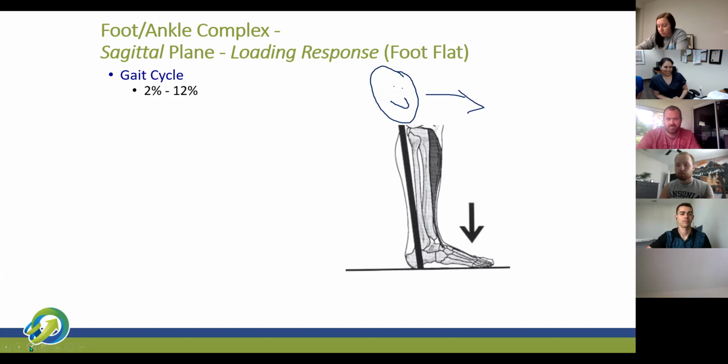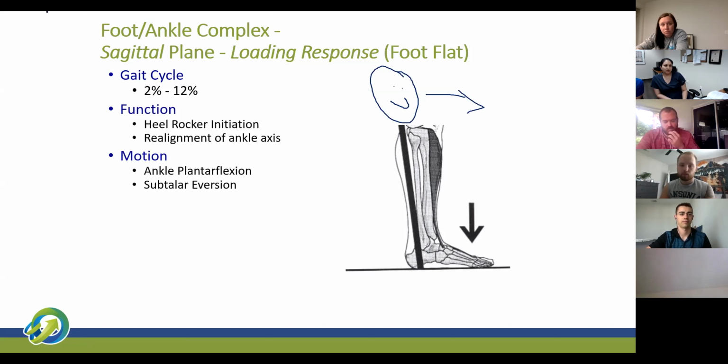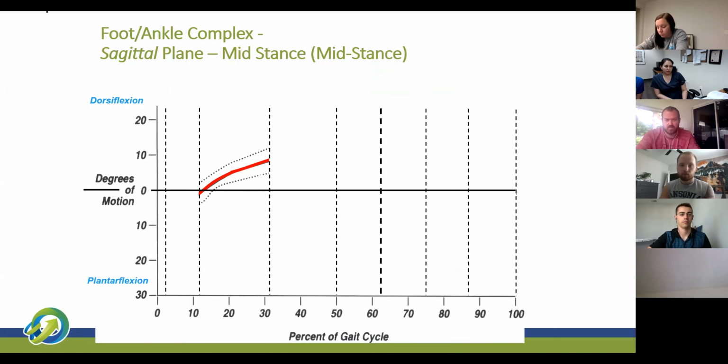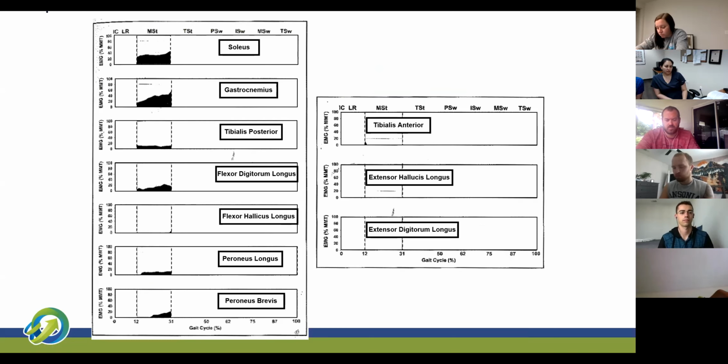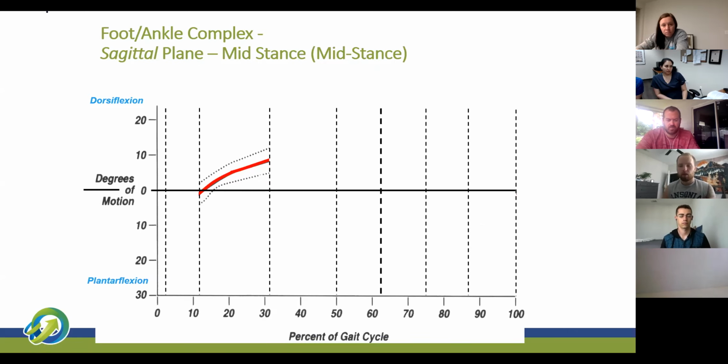Okay, so moving forward, in loading response it's still remaining posterior to the ankle joint. The foot is lowering to the ground, and then go back to the EMG chart here. Now we are moving into mid stance. Everything above this bold line going all the way across is dorsiflexion.